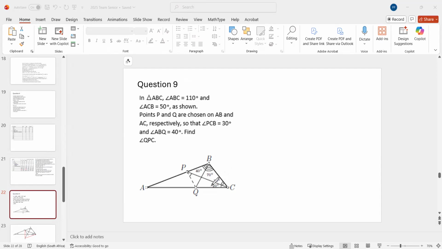This is 20. It's half of that. So if I draw another 20 here, then this angle here becomes 40. And that angle is 40.